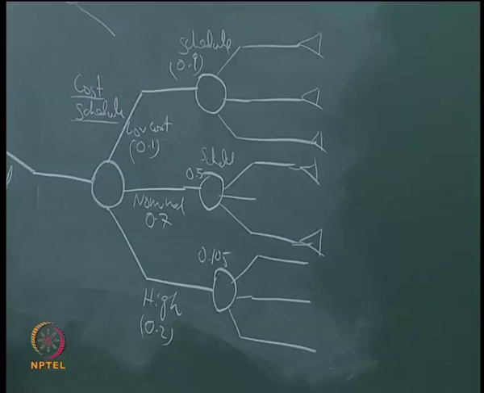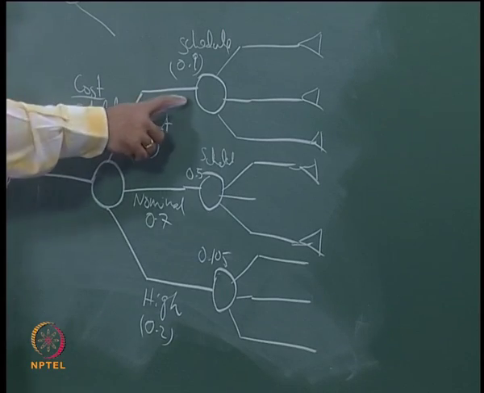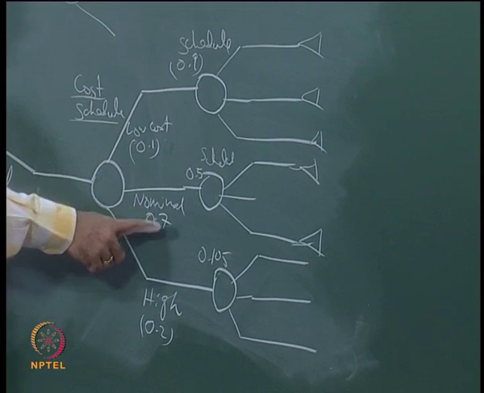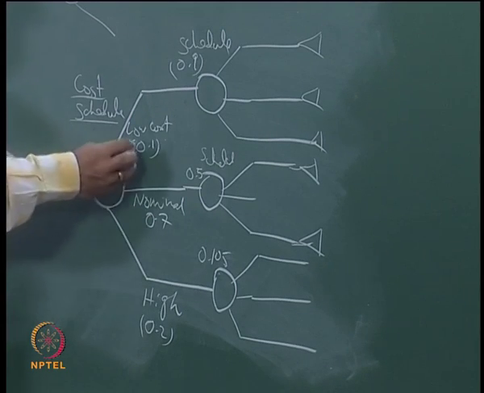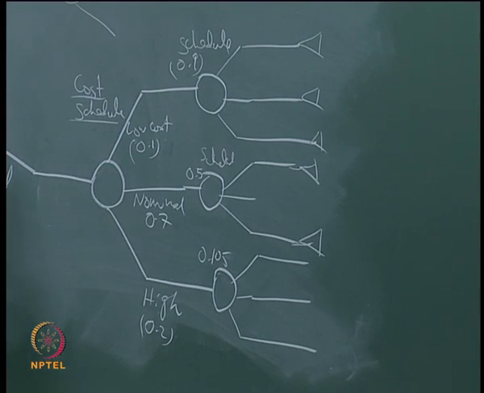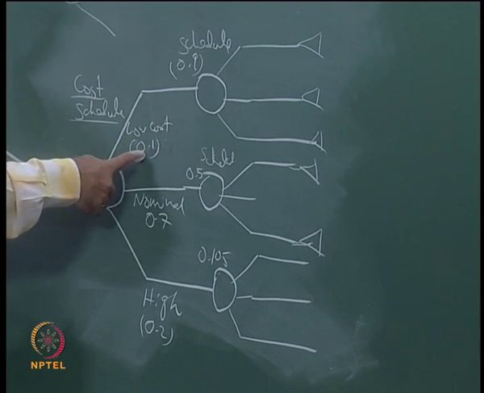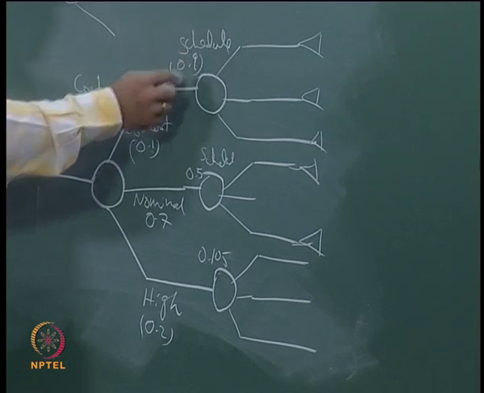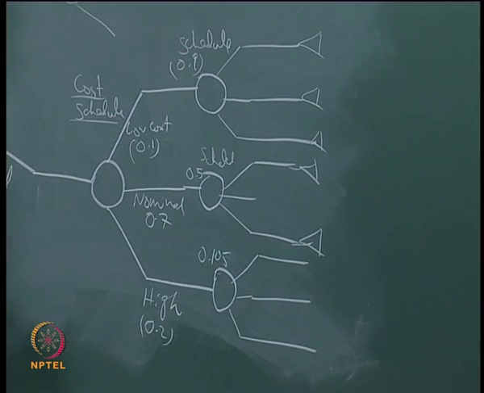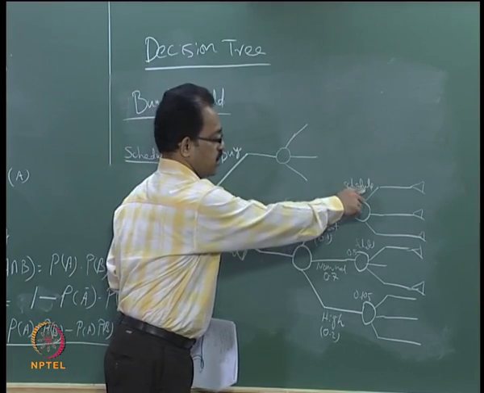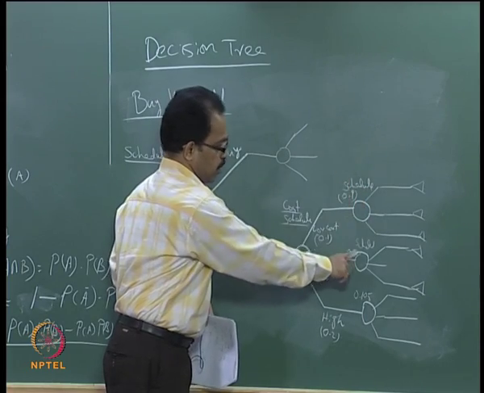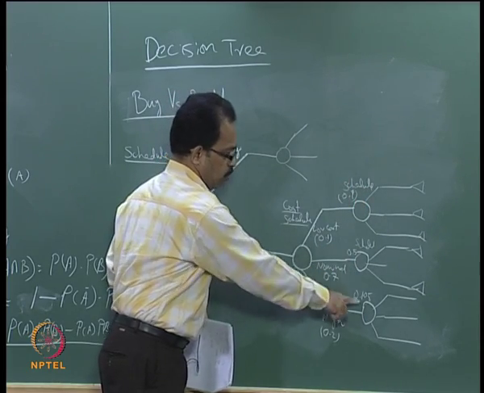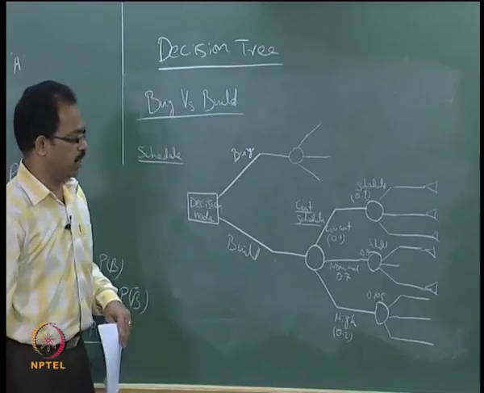So on. So here you can see the choices are there, low cost one, nominal one, or high cost with its own probability on the cost, and then you have the schedule getting affected because of this. So this is basically the utility of going for this, and this is the risk involved in the particular decision. So you have the 0.9 risk in schedule for the low cost one, a 0.5 risk in the nominal one, and 0.105 in the high cost one.